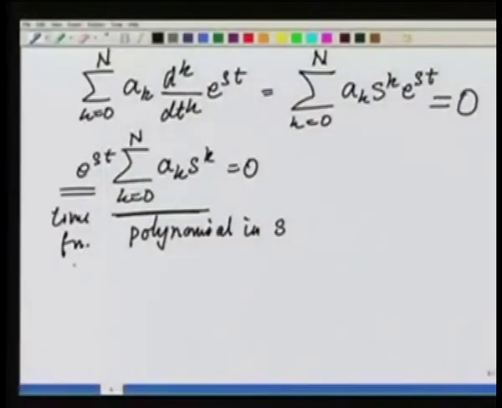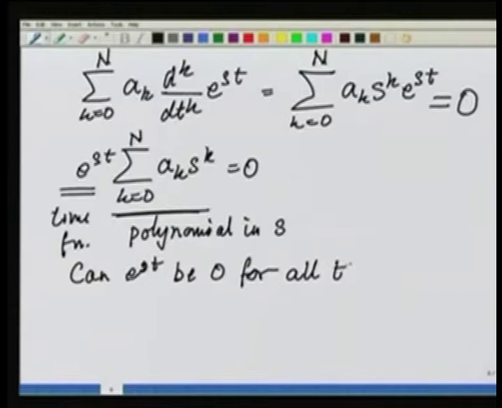So, let us try to fix the blame on these factors and see which of them could have made the entire product 0. So, can e to the st be 0 for all t?